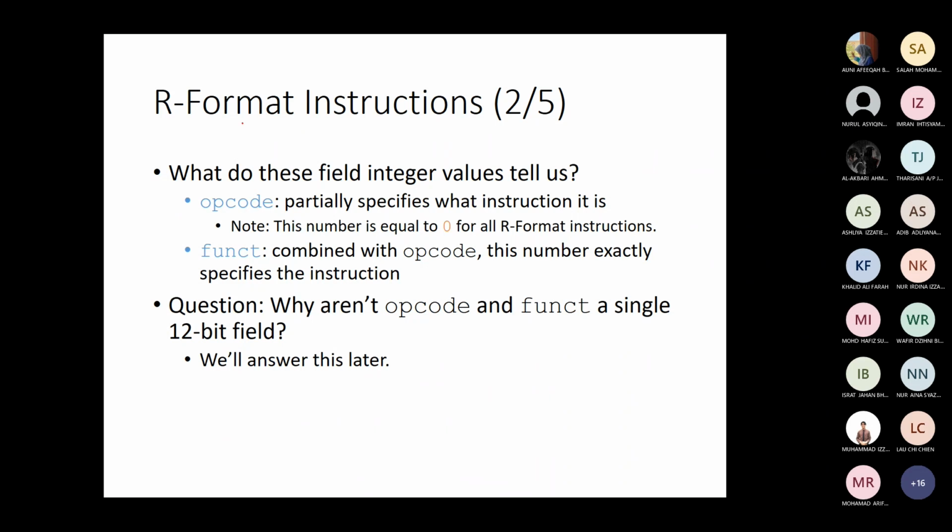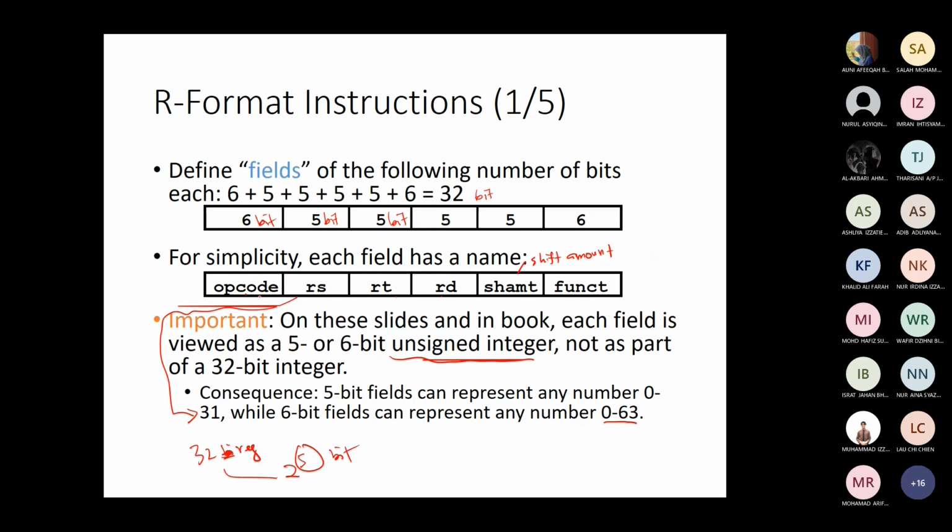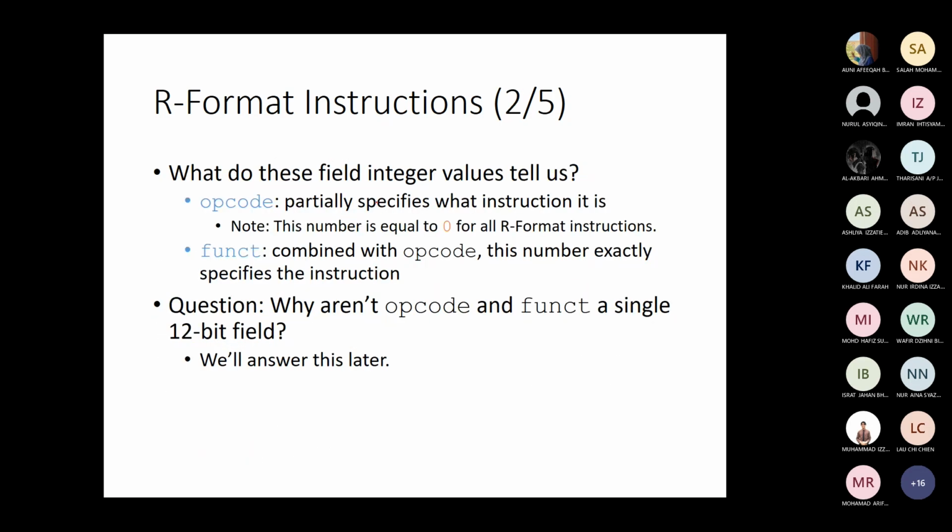So what does this field's integer value tell us? For the opcode field, it partially specifies what instruction it is. Note that this number is equal to 0 for all R format instructions. So for R format instructions, the opcode is always 000000.